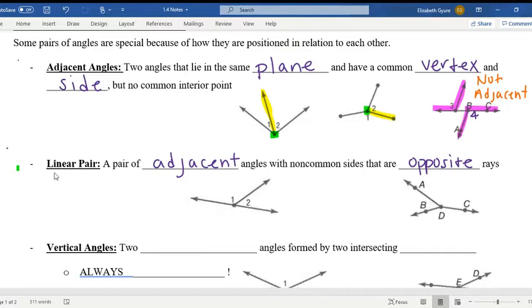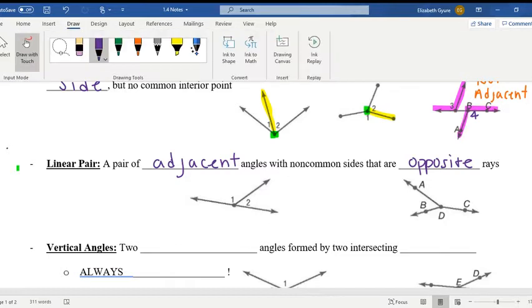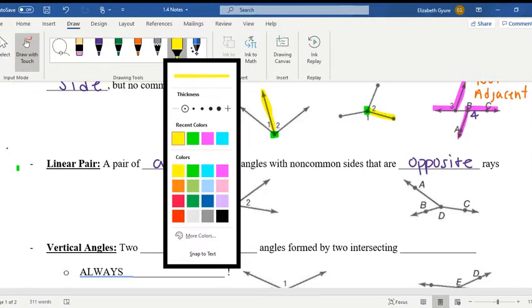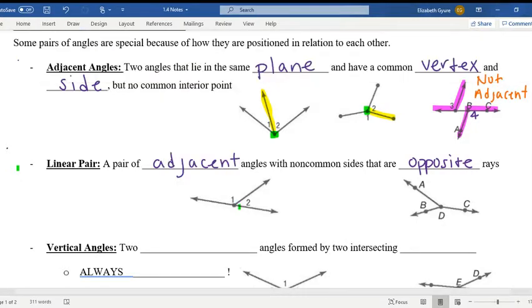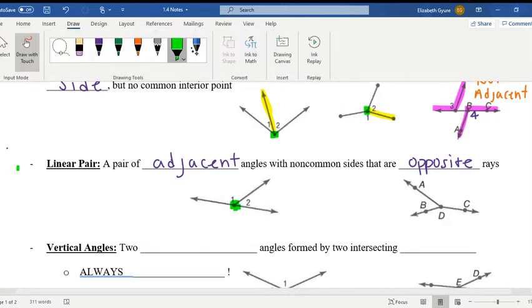So linear pair, if you dissect this phrase, linear, line, pair, it's basically two angles that are going to form a straight line. And if you look at our first picture here, down along this bottom, there is a straight line. So just to make sure you guys can identify these properly, remember it's adjacent. So that means we're going to share a vertex here, which 1 and 2 share a vertex.